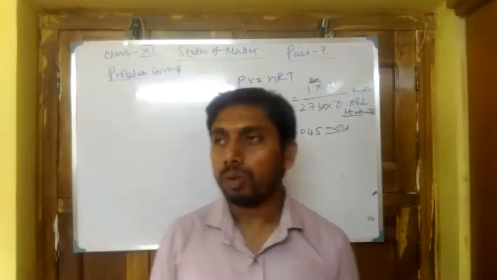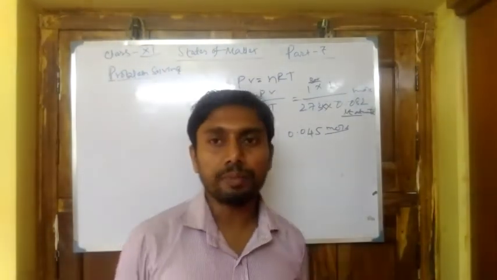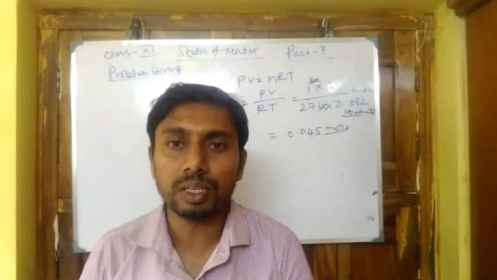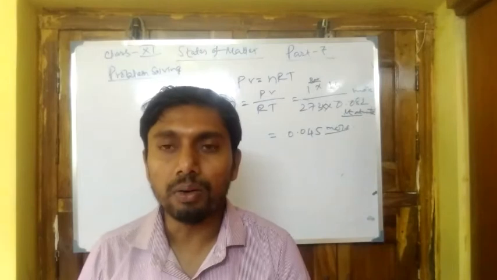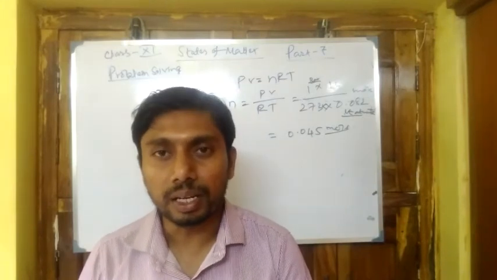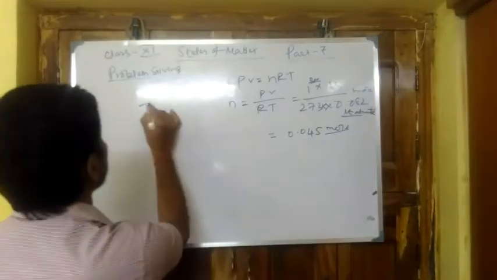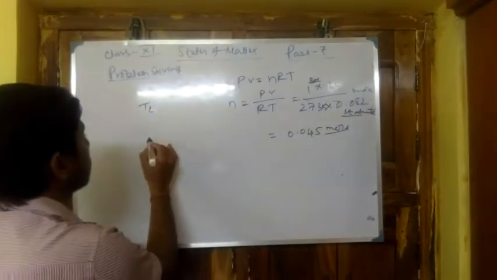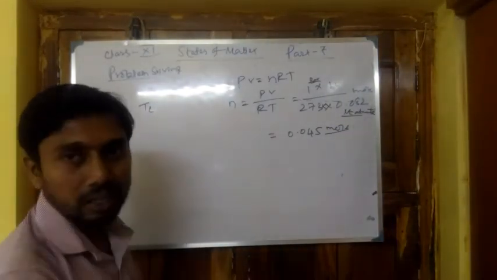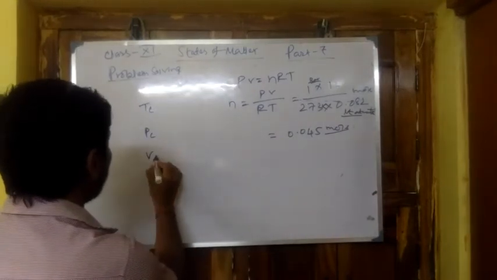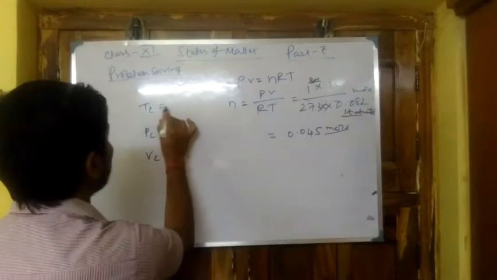Now we know the critical temperature is the maximum temperature above which liquefaction is not possible. Critical temperature is symbolized as Tc, and the pressure at the critical temperature is known as critical pressure and the volume as critical volume.